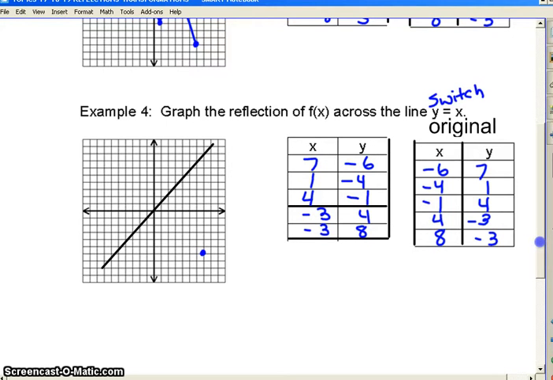Seven, negative 6, 1, negative 4, 4, negative 1, negative 3, 4, and negative 3, 8. So you can kind of see the original graph kind of turned, didn't it? It made a turn when you reflected across the line y equals x.